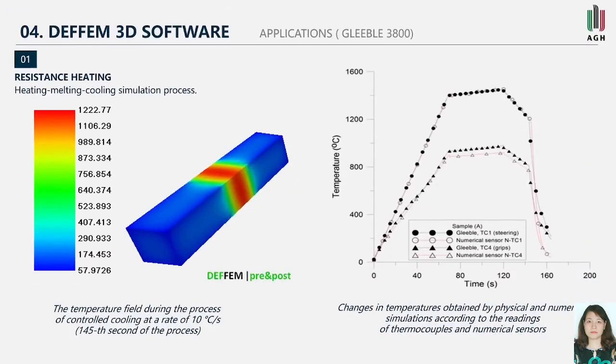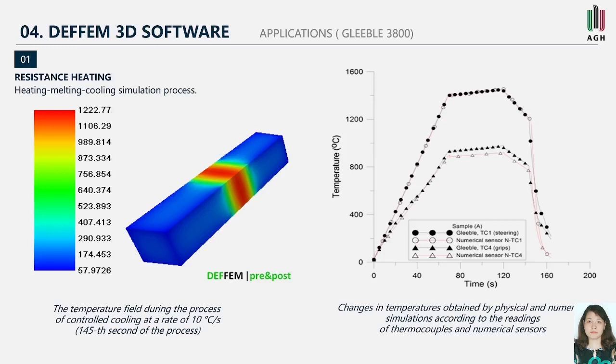Now, I present the computing capability of the DFM 3D simulation software. The first example is the possibility to support the heating, melting, cooling simulation process in the global system. In the figure, the temperature field during the controlled cooling process at 10 degrees Celsius per second. We can see the large temperature gradient along the heating zone.